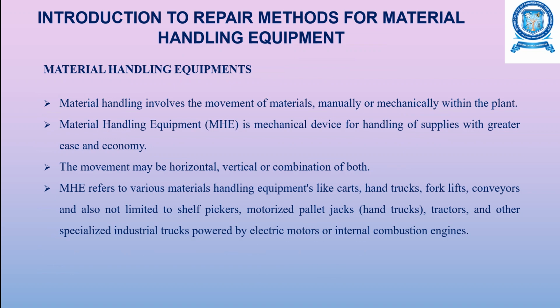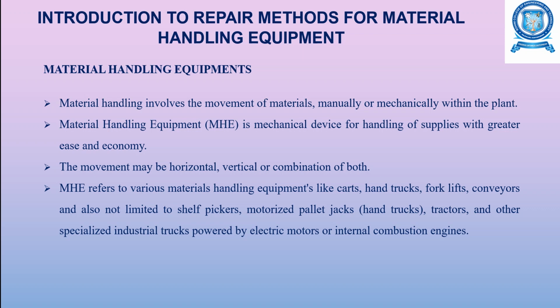So material handling equipments. Material handling involves nothing but a movement of materials, either manually or mechanically, within the plant. And material handling equipment is a mechanical device that is used for handling of supplies with greater ease and economy. So movement may be either vertical or horizontal or a combination of both.